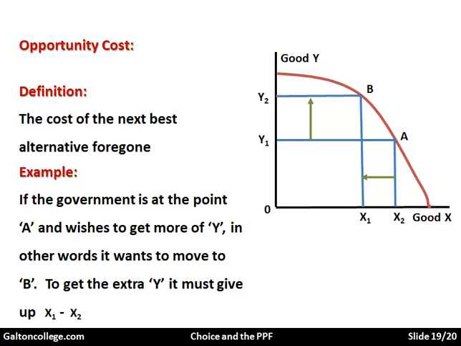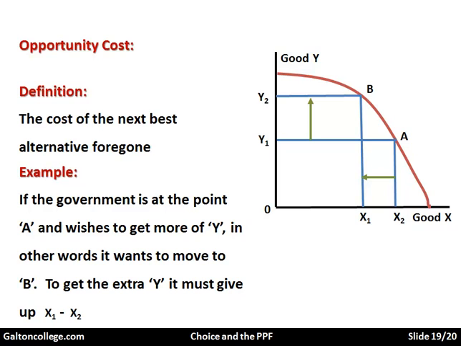So if the government's at the point A and wishes to get more of Y, in other words, it wants to move to B, to get the extra Y, it must give up some X. So to get more of Y, the cost of the extra Y, moving from y1 to y2, is the amount of X we've given up.